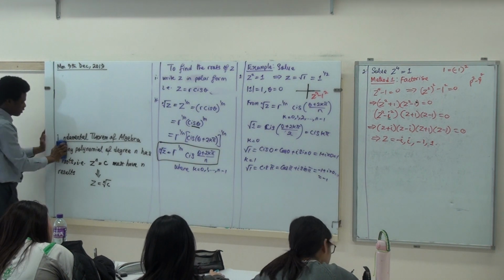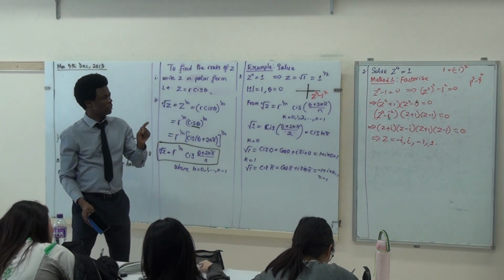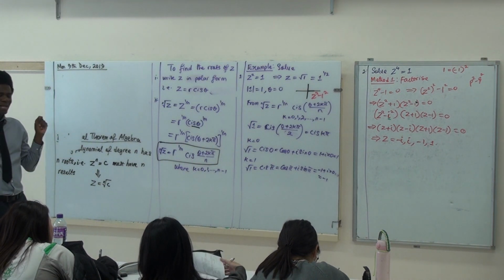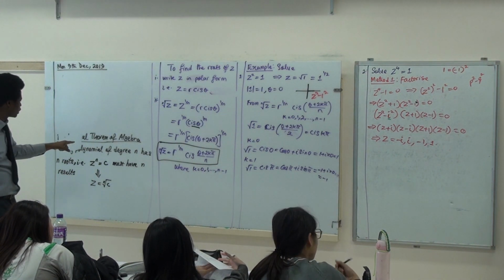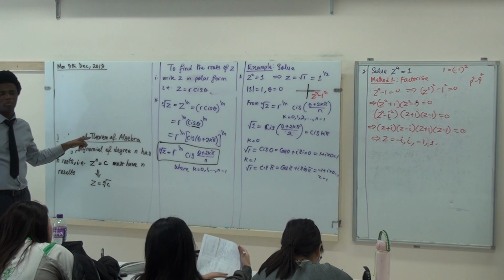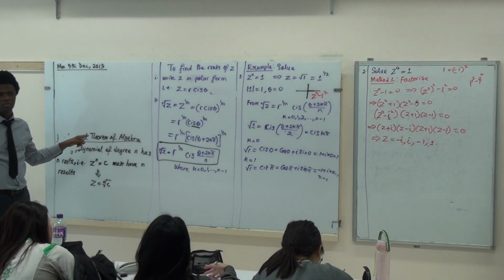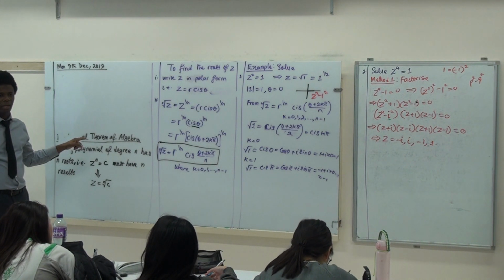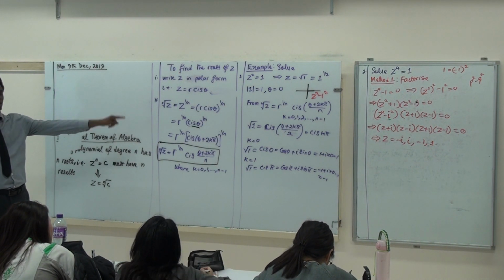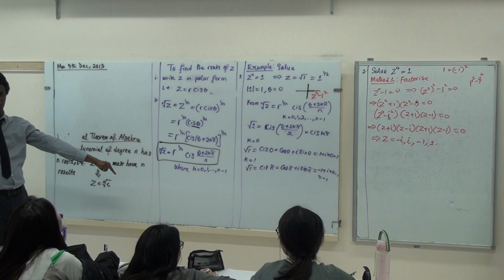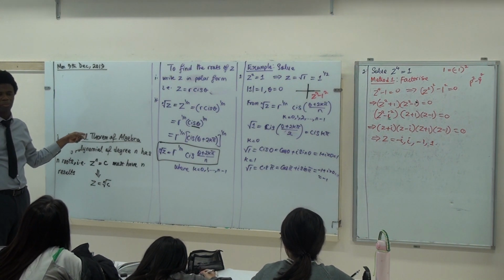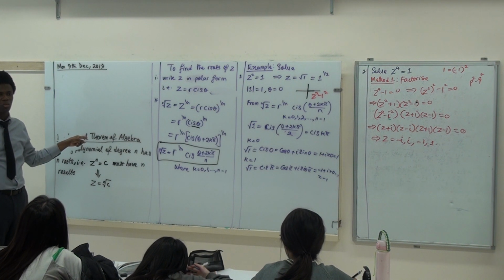So if you are not done finding all the roots, can somebody tell me, from this formula of finding n roots, what particular variable ensures that the fundamental theorem of algebra is considered? What variable is that?